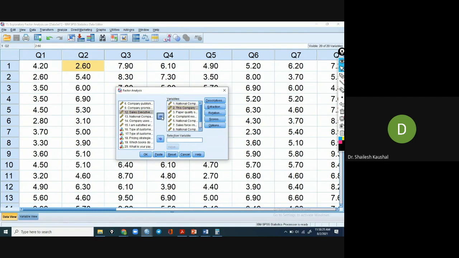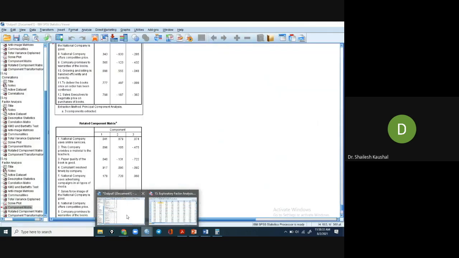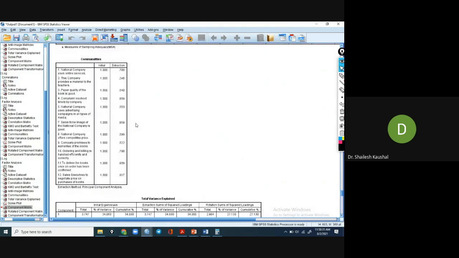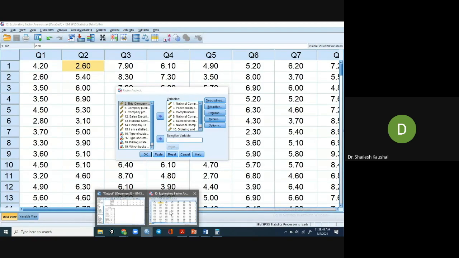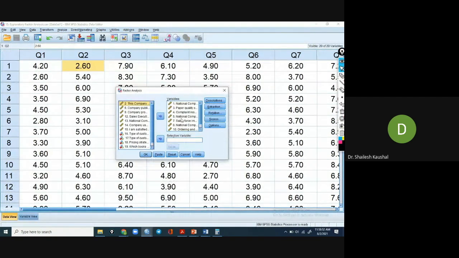Because its communality value was very low, 0.246, less than 0.50. So I am removing this variable also. So I am removing three variables, variable number 2, 12 and 9.